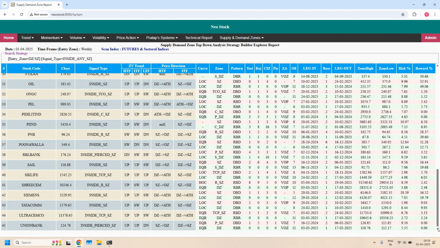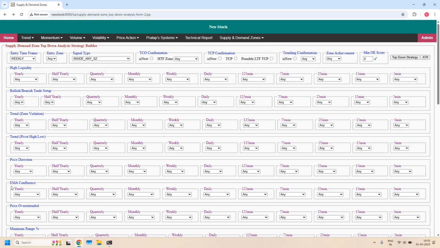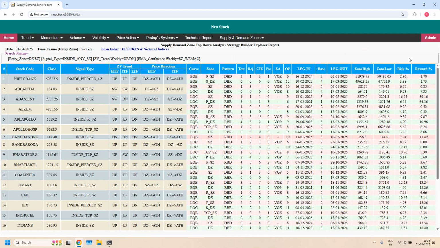So total 45 stocks are filtered. Let us further filter this list based on weekly supply zone having weekly EMA confluence, and also trend on the weekly time frame should not be sideways, can be up or down.